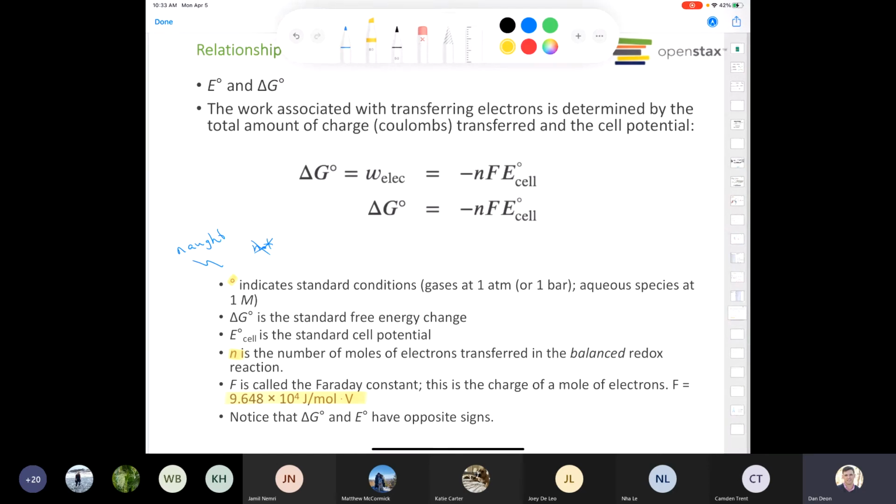And you're like, well, that makes sense because you told me, Mr. Dion, that if E cell is positive, I have a spontaneous reaction. If my F is a positive number, my N is a positive number, and I take a positive and multiply it by a negative, I get a negative. And when delta G is negative, my reaction is spontaneous. So it makes sense. When my delta G is negative, my E cell is going to be positive. They have opposite signs from one another.